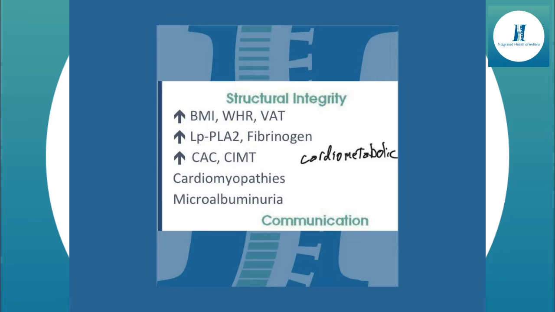So usually we'll see structural integrity of the lipids with communication, so with the hormones. And we'll see the structural integrity of the immune system breaking down when we have increased cytokines, so everything's out of balance.